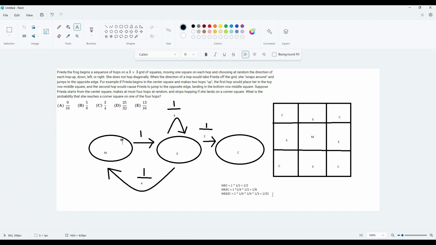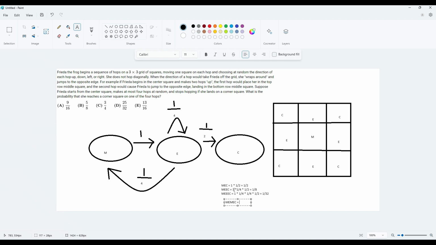Now, our next possible case is that we have the middle, then go to an edge, then back to the middle, then to an edge, and then to a corner. Let's write that out. MEMEC. Also keep in mind that even though the problem says at most 4 hops, and it says 4 letters here, that's not necessarily the number of hops. Really, the number of hops will just be the letter count after the middle, because you're already starting at the middle. Anyways, we can start calculating for MEMEC.